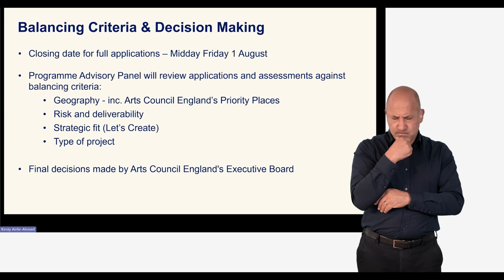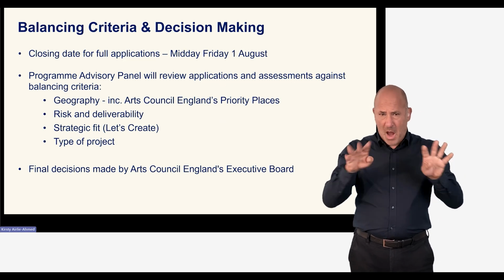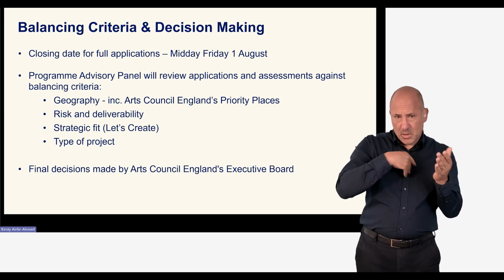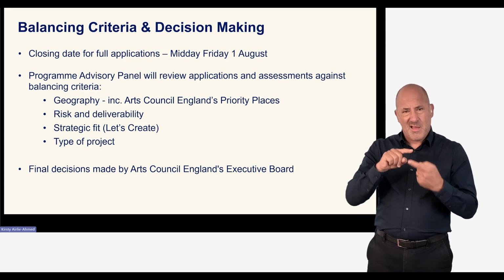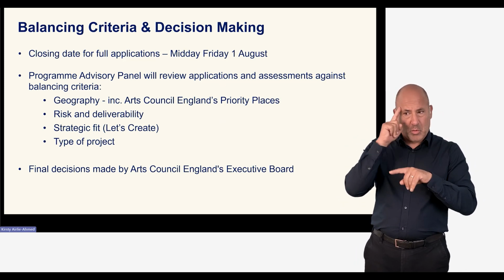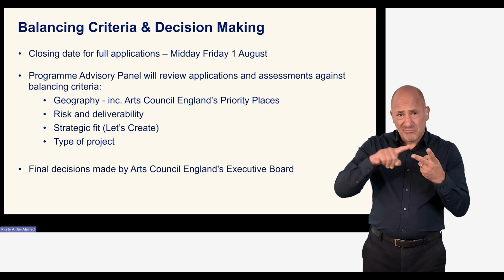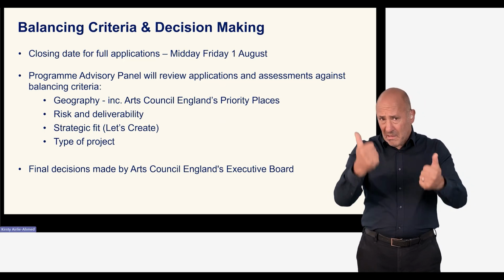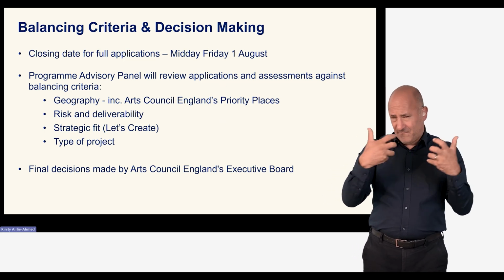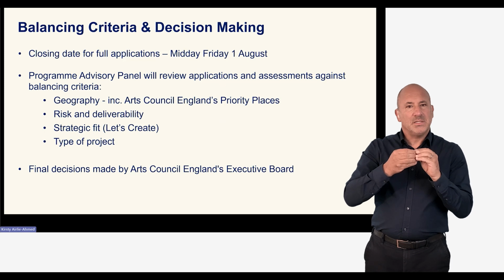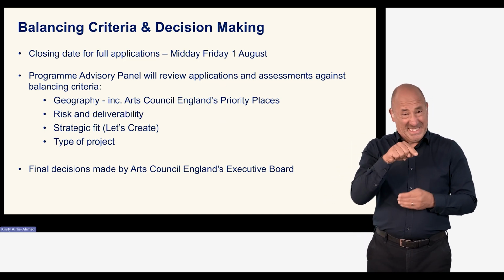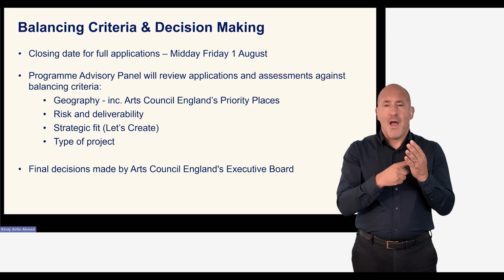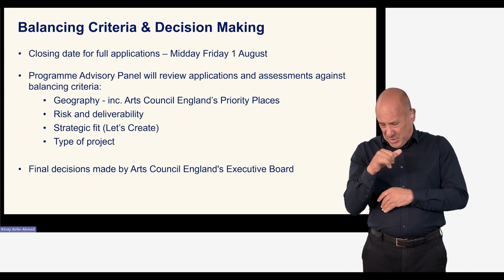In making our decisions and recommendations, the panel reviews applications against the following balancing criteria: geography, including Arts Council England's priority places, risk and deliverability, strategic fit, will it deliver against Let's Create, and type of project. These are the criteria we use when difficult decisions have to be made.